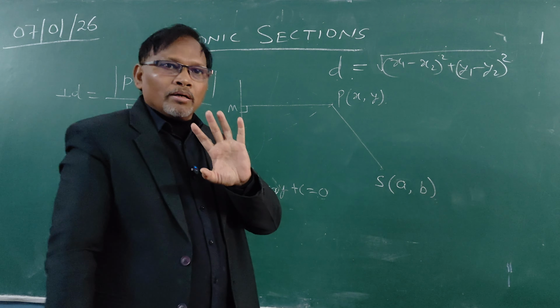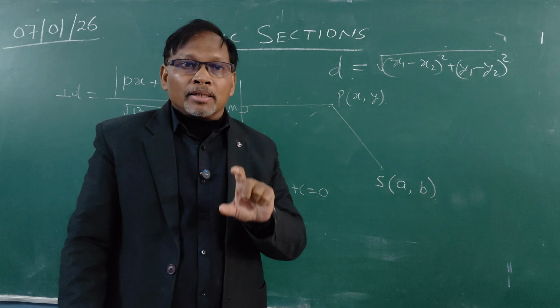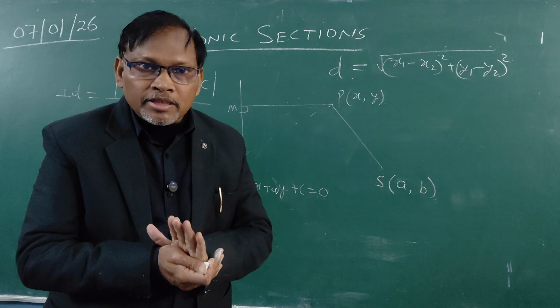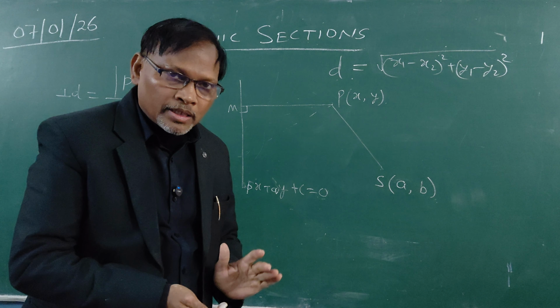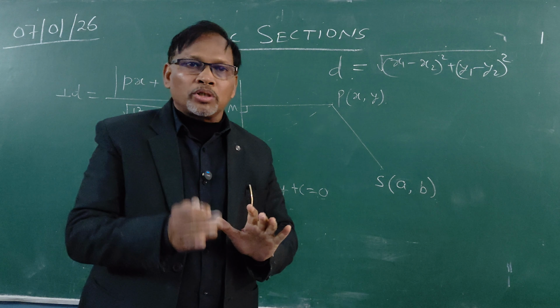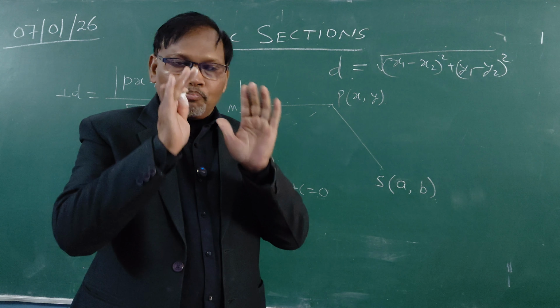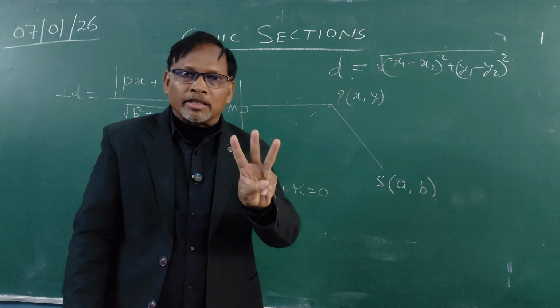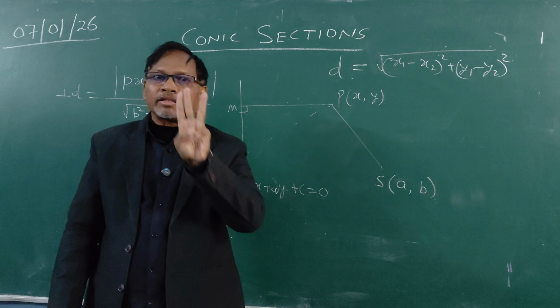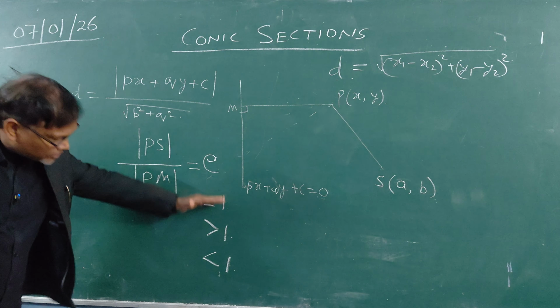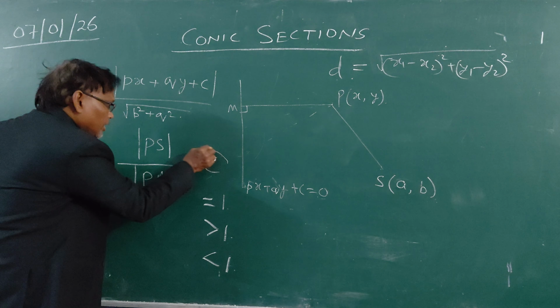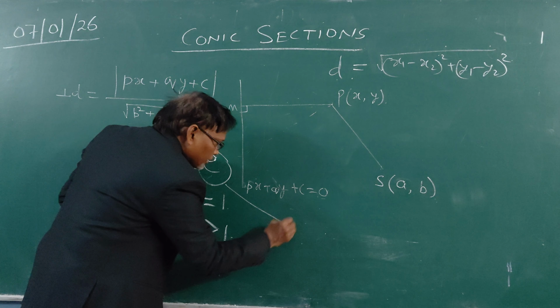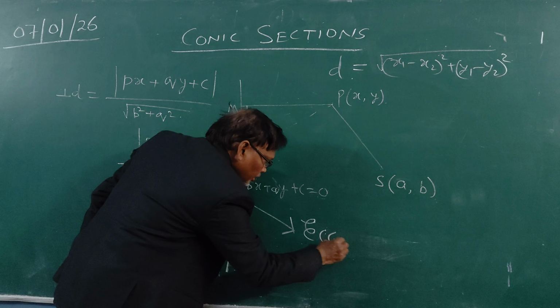Okay. Then the three sections which I explained earlier, when you cut a cone at a certain angle, basically depend on these values. This small e is known as eccentricity.